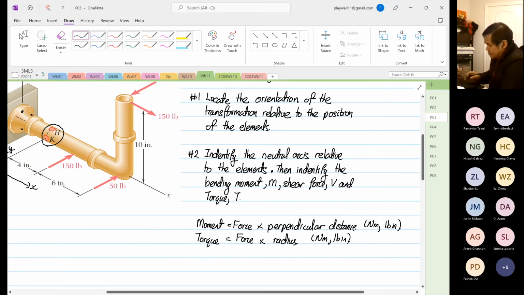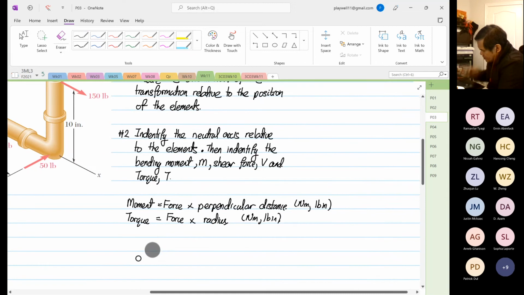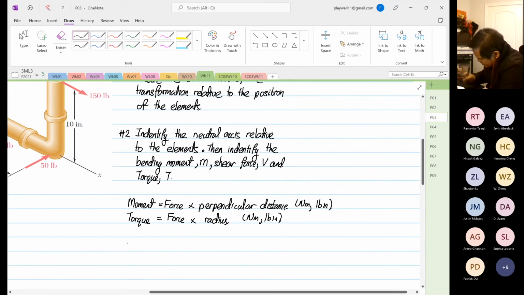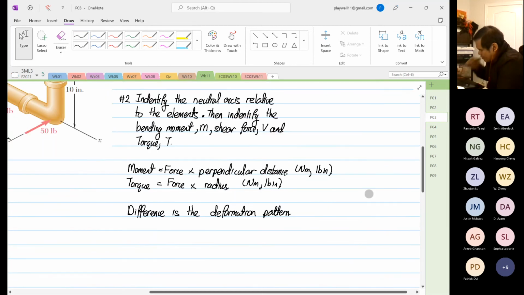The difference is the deformation pattern. What do I mean by deformation pattern?